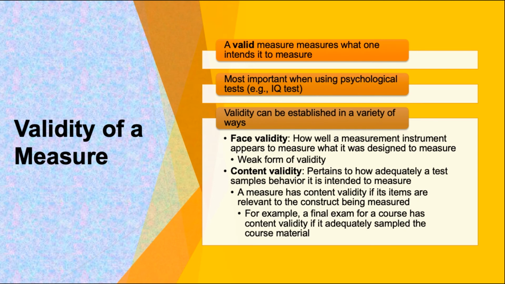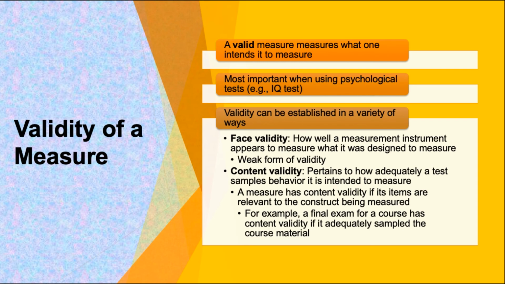So, for instance, a test of mathematical ability would have face validity if it contained math problems. Face validity is a weak form of validity in that an instrument may lack face validity and yet, by other criteria, measure what it is intended to measure. Nevertheless, having good face validity may be important if those who take the test do not perceive the test as valid. They may develop a negative attitude about its usefulness.